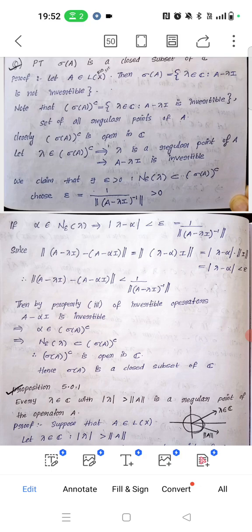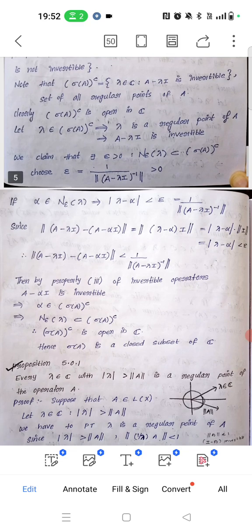Now look at norm of (A minus lambda I) minus (A minus alpha I). Actually we are going to prove that alpha is a member of rho of A. That means alpha is a regular point. That is what we have to prove. For that purpose A minus lambda I should be invertible. And now we consider norm of (A minus lambda I) minus (A minus alpha I).